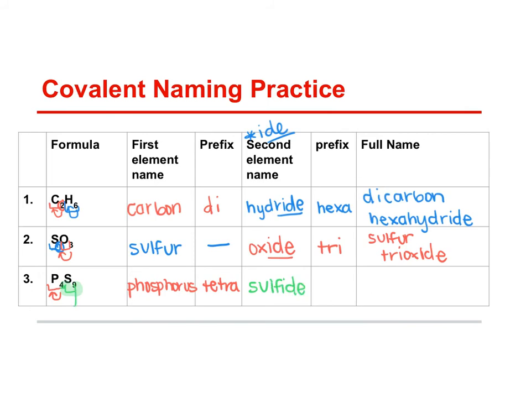And there are 9 of those. So that's the prefix nona. So it becomes tetraphosphorus nonasulfide. And again, those prefixes go on there without any commas or dashes, no spaces. Tetraphosphorus nonasulfide. Okay, so I broke it down into a lot of parts for you, but you don't have to do that every time once you feel comfortable.